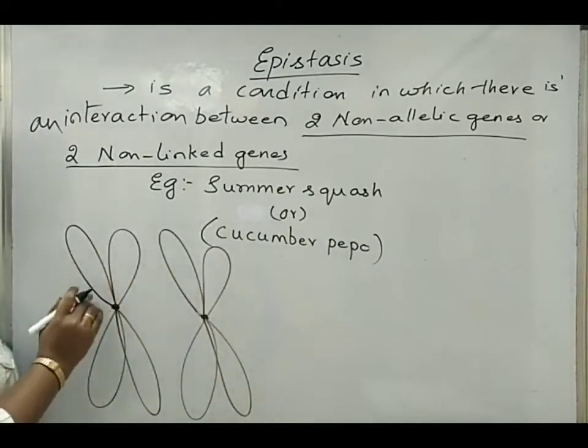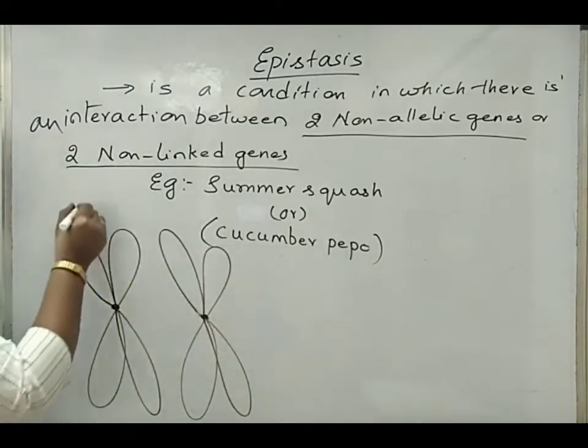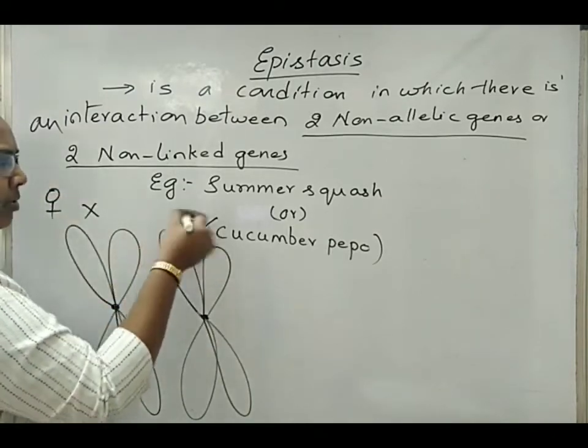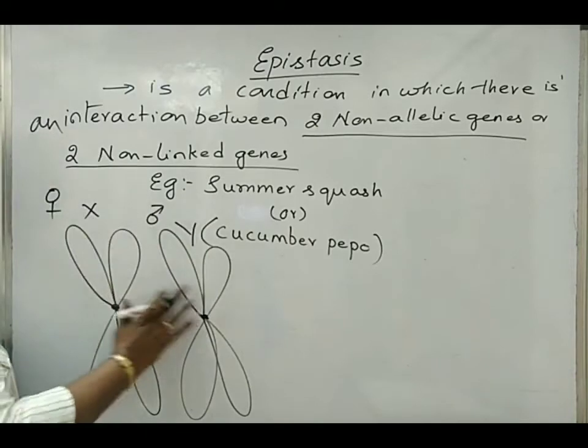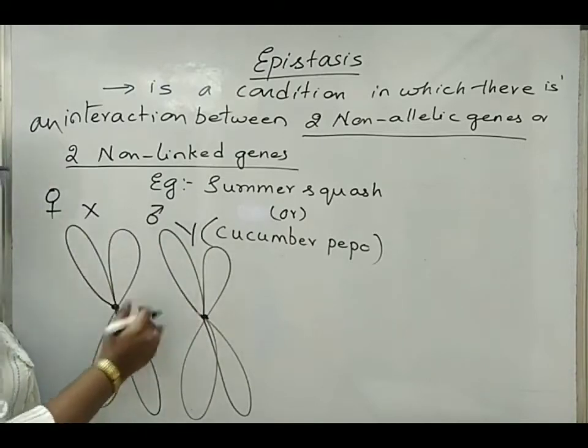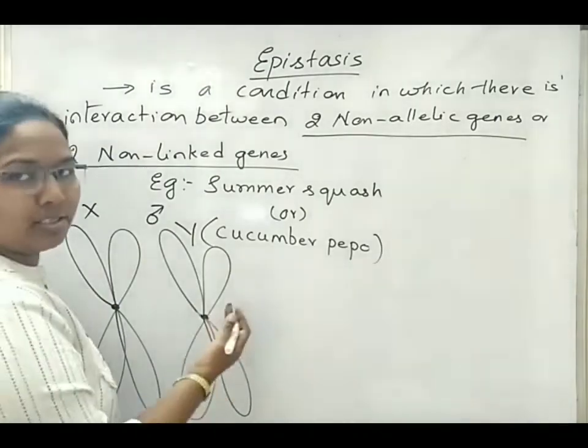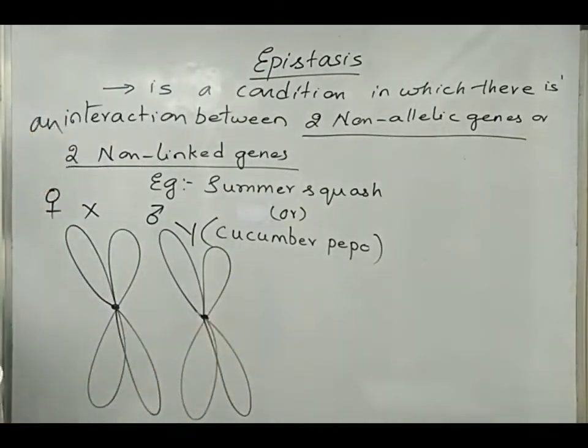What is meant by a homologous pair? Suppose this belongs to one chromosome of a female and this belongs to another chromosome of a male. These two must be able to fuse with each other and get inherited in the zygote in the next stage. Such chromosomes are called homologous chromosomes.